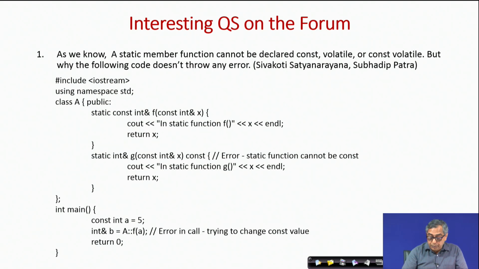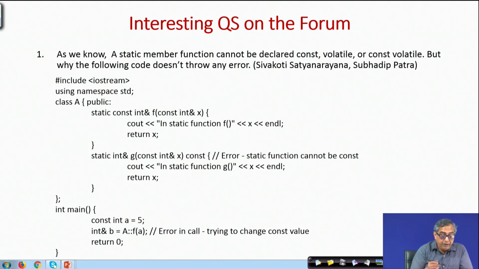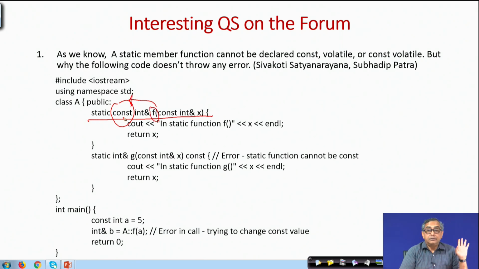Here. So, here if you look, suppose you have written this, what you have written is similar to this. So, you have the static and a const put here. Now, this is not a constant function, this is a function returning a constant value, returning a constant result. That is very different from a const function.